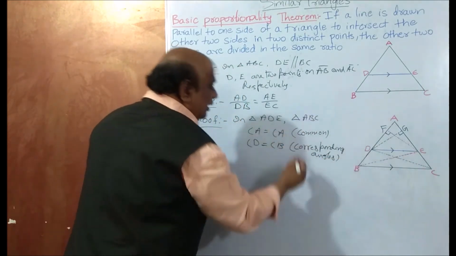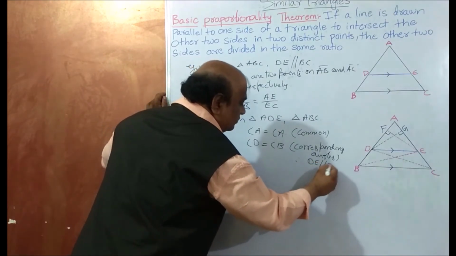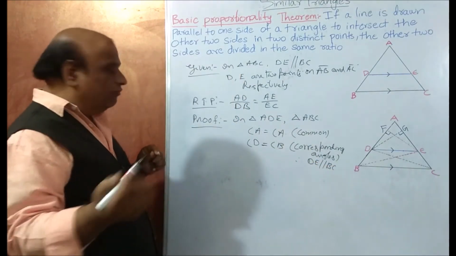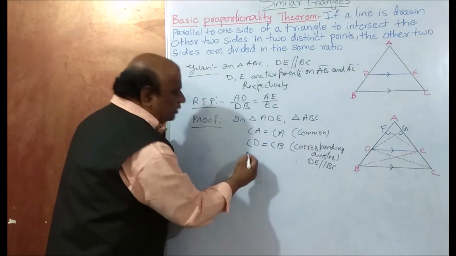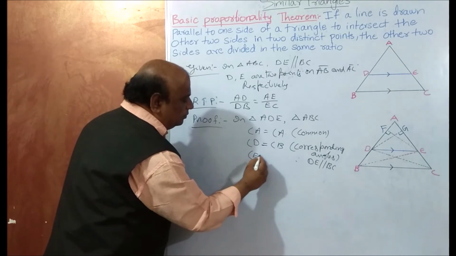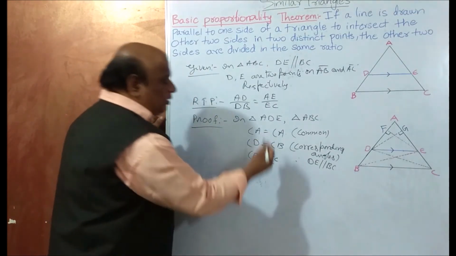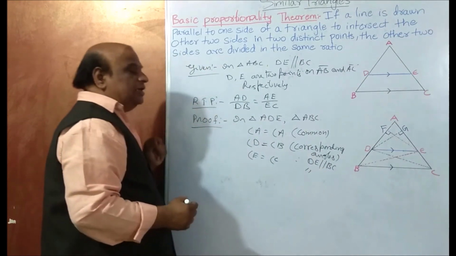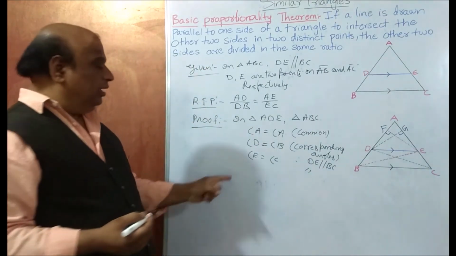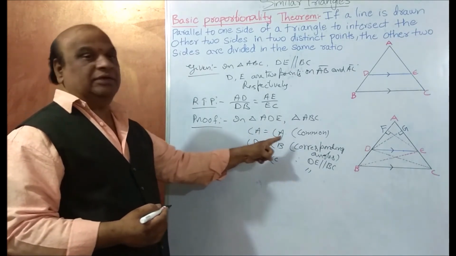And one more, angle E is equal to angle C. Same condition, corresponding angles are equal. Here angle E is equal to angle C, angle D is equal to angle B, angle A is equal to angle A.